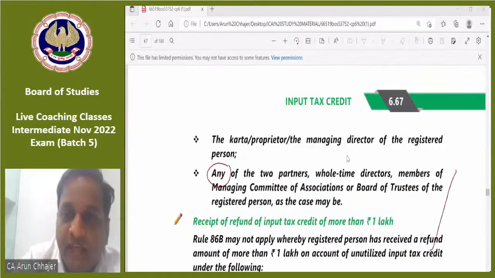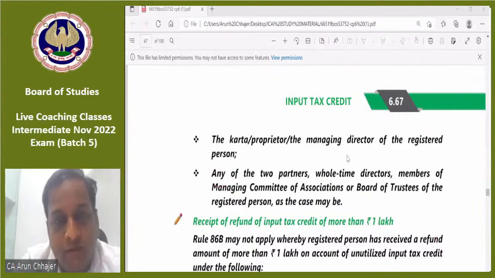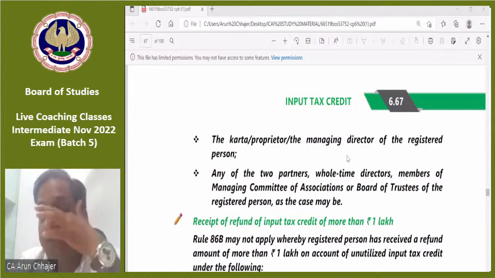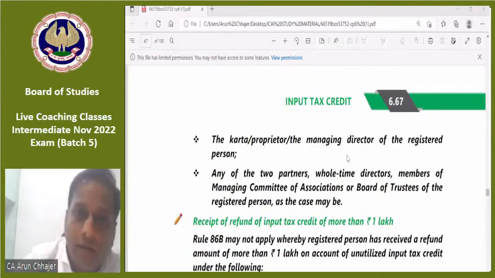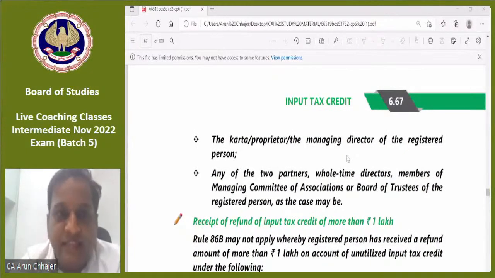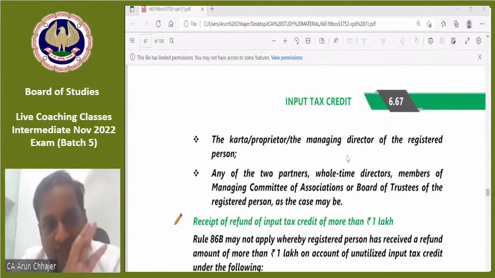Fine. Now moving to the second exception to 86B. 86B says that you are allowed to take the refund in certain cases. One is export, that is zero-rated supplies, and one is inverted duty.